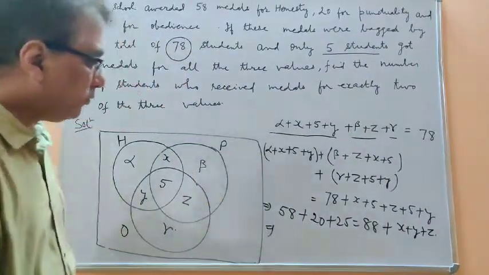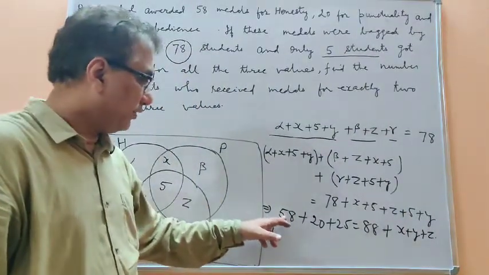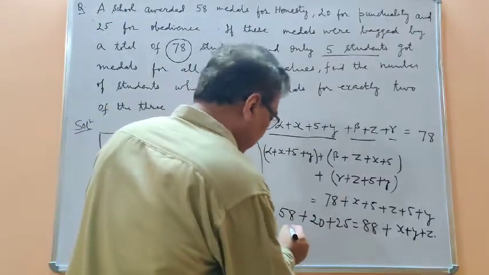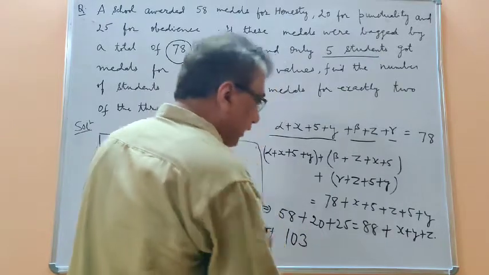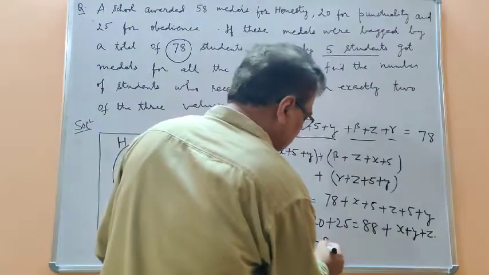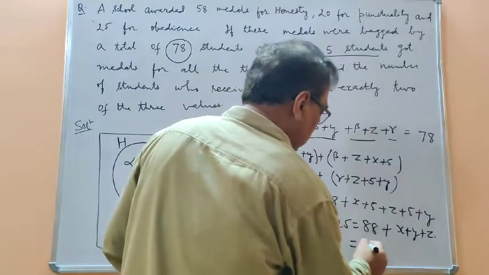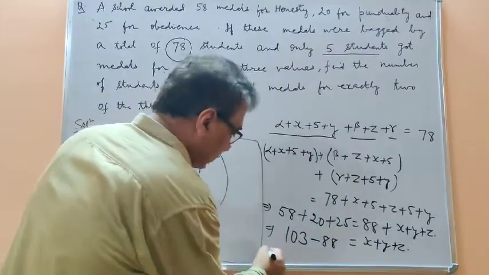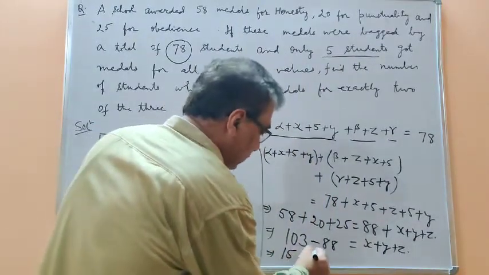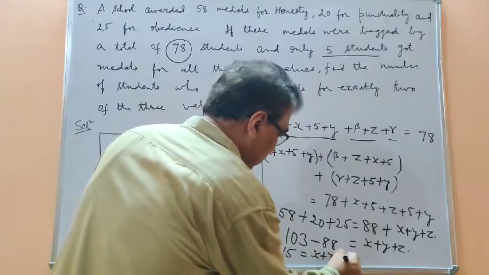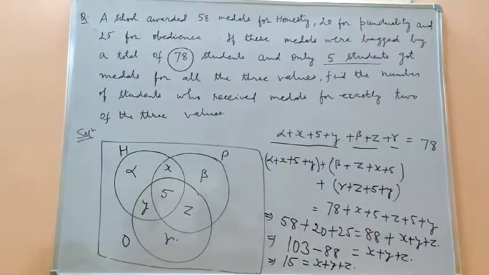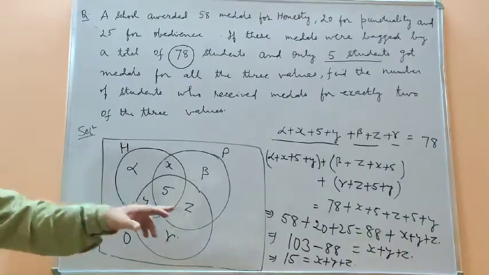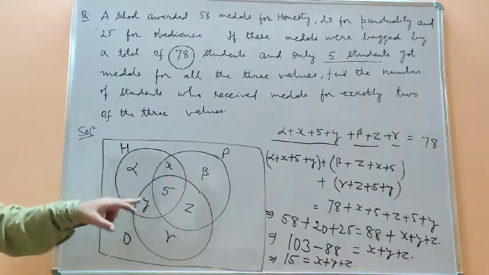So this will give you 58 plus 20, 78, and 78 plus 25 is 103, minus 88 is equal to x plus y plus z, and this is 15 is equal to x plus y plus z. Okay, so number of awards given for exactly two values is 15, which is the sum of x plus y plus z.